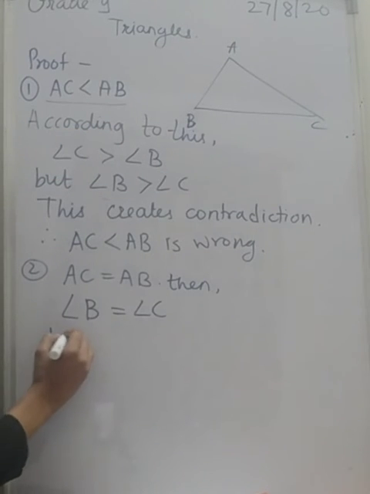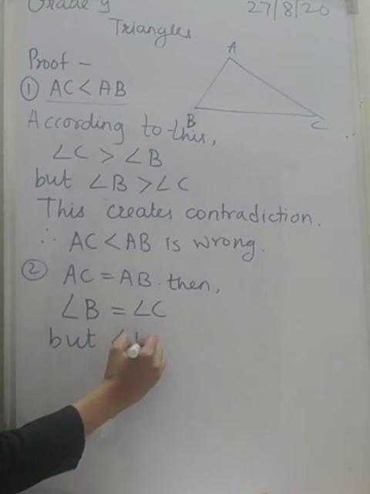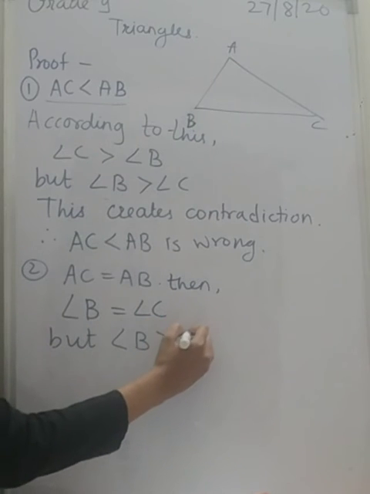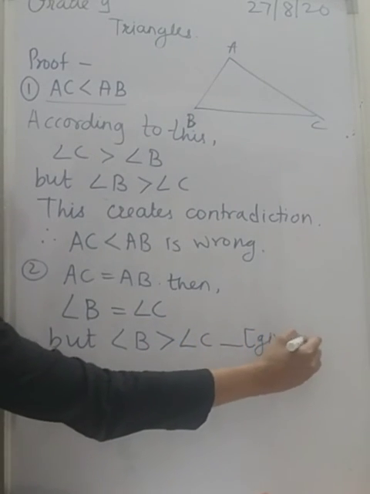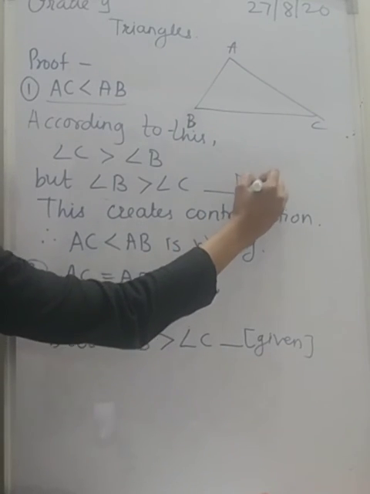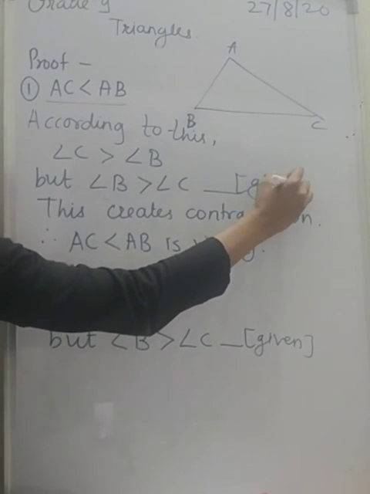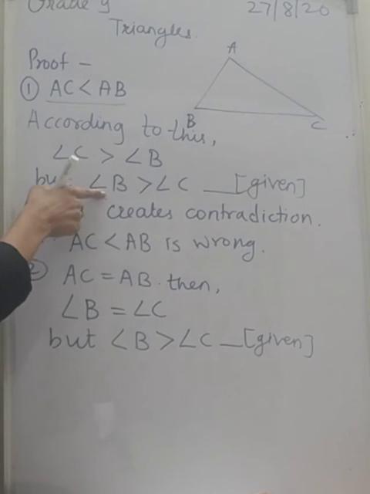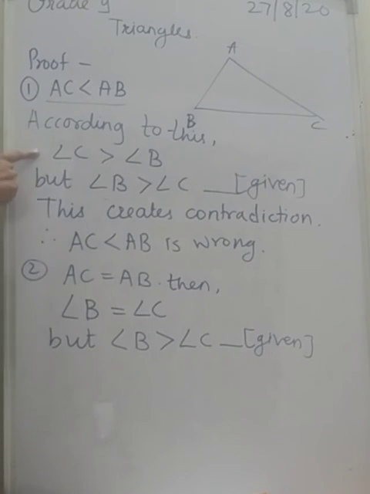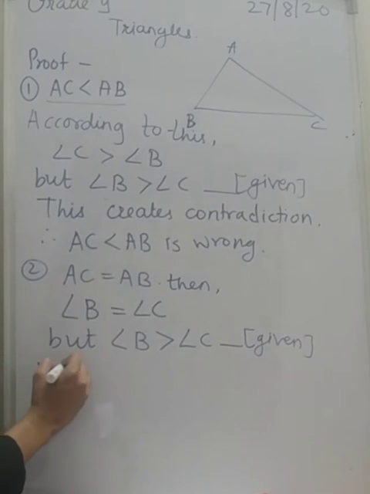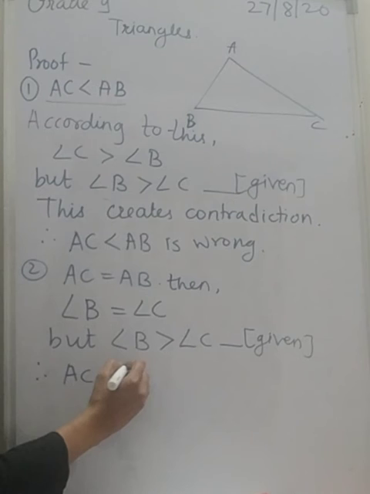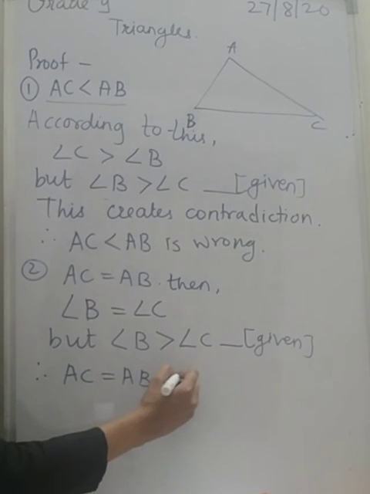No. Angle B is greater than angle C, this is given. Here also you have to write what is given. This was our assumption and this is the given. Therefore, AC equal to AB is wrong.